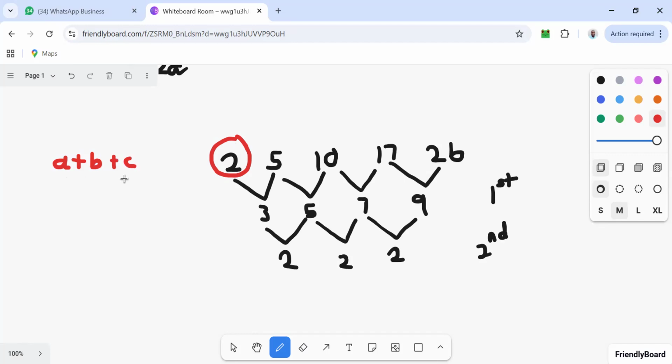So a plus b plus c is equal to the first term of the quadratic number pattern.